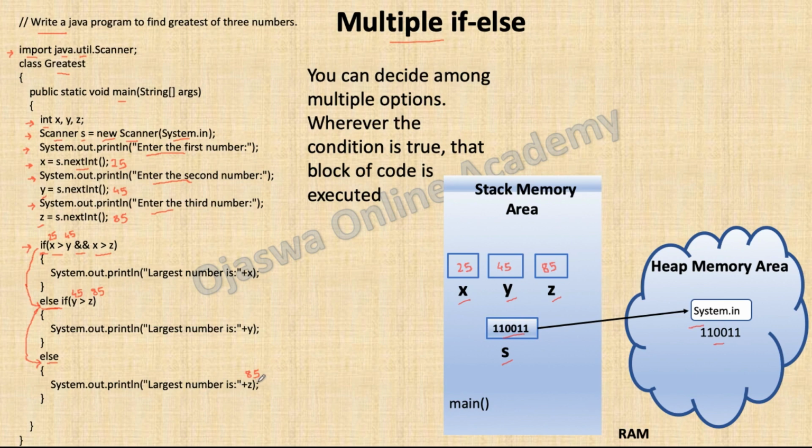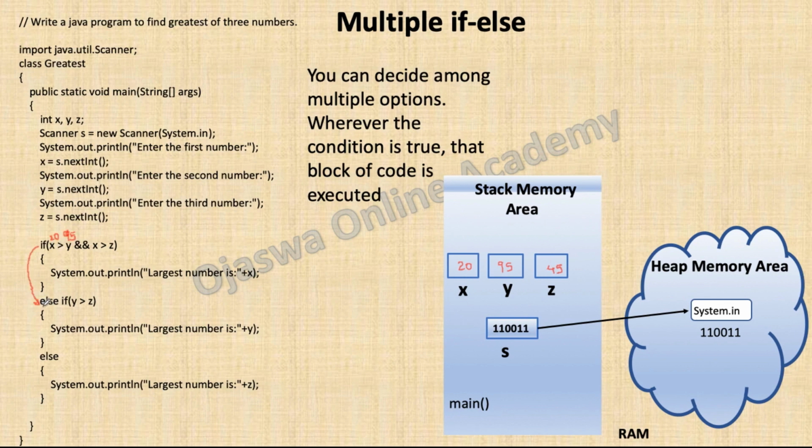Largest number is 85. Now suppose the user enters the first value as 20, second value 95 and third value 45. In this case, value of x is 20, value of y is 95. Again 20 greater than 95 is false.